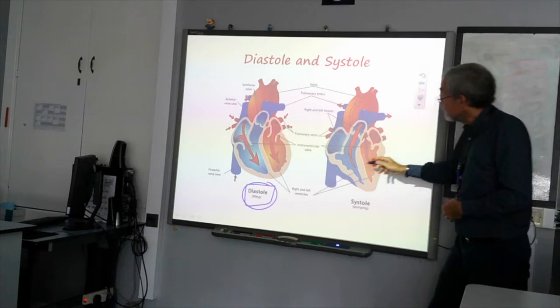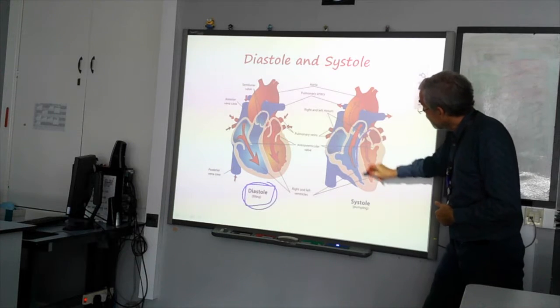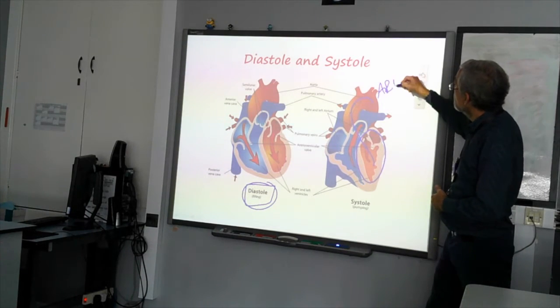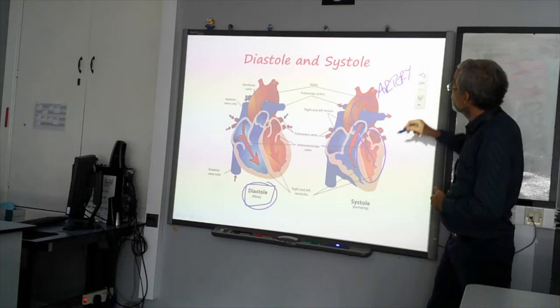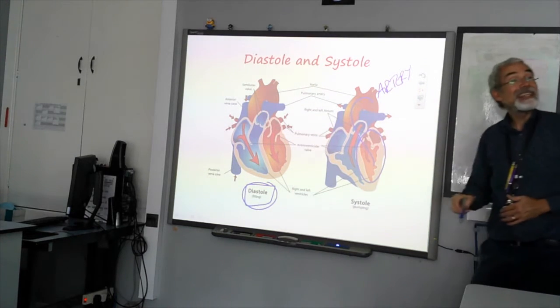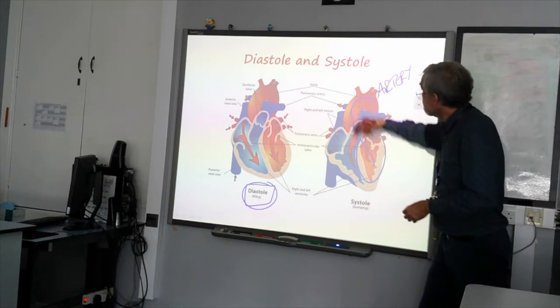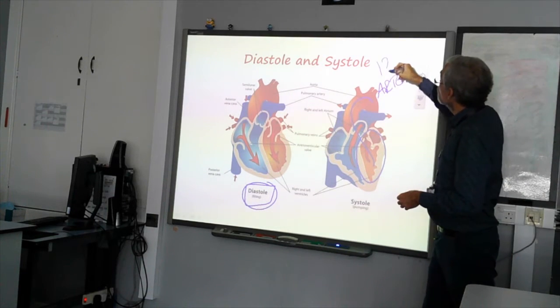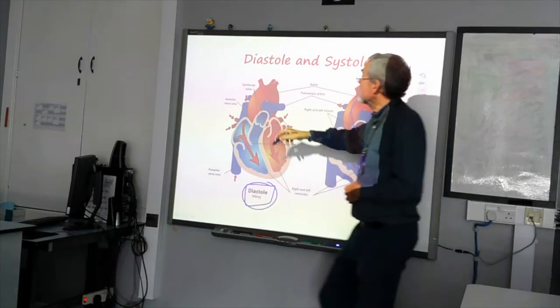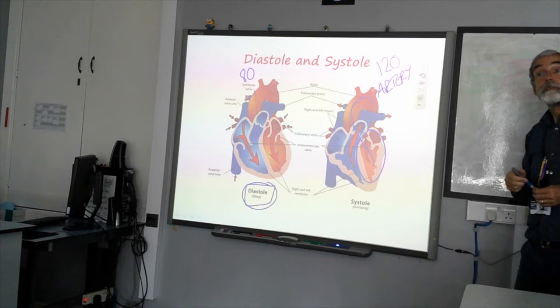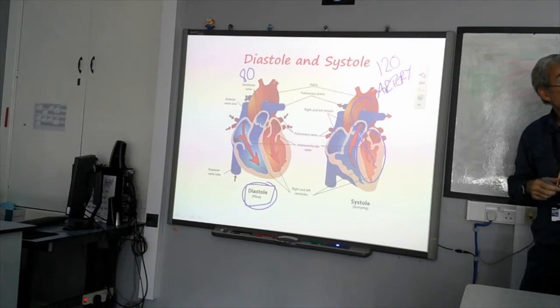On this side, the ventricle, especially the left ventricle, is squeezing blood out into the artery, right the way around your body. This is when blood pressure is at its highest. So when this is pumping out, that's when you get the 120. When it's relaxing, that's when you get the pressure of 80. Simple so far, guys? Pretty simple?